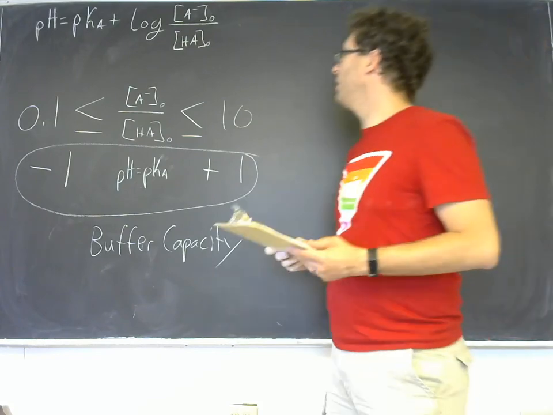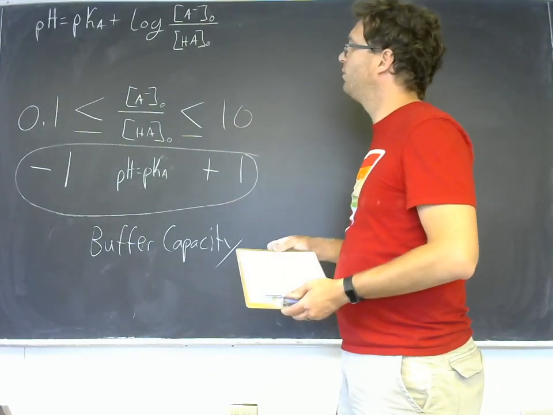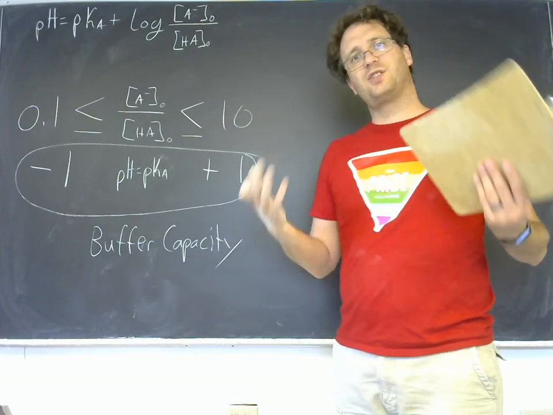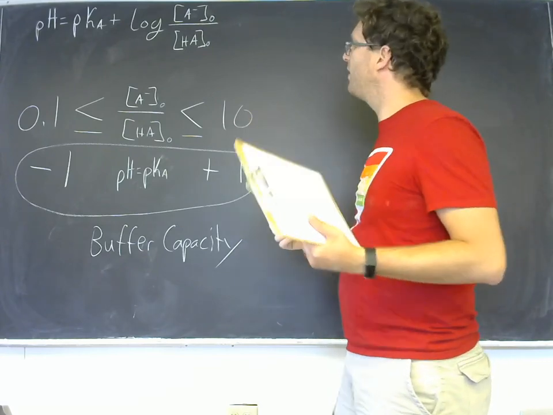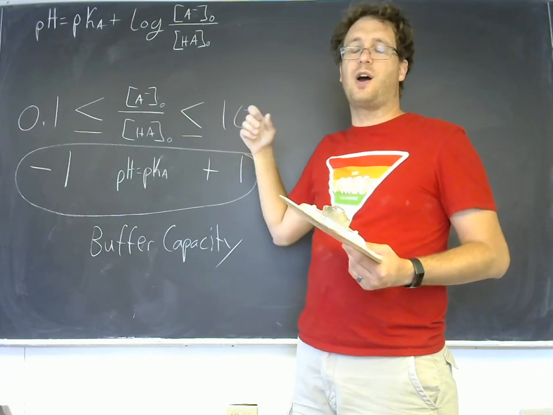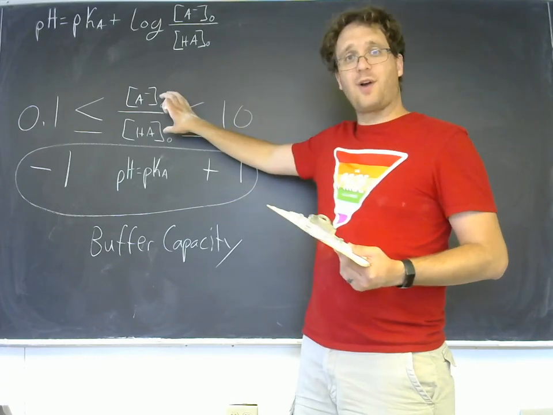So what that means is that if you want a buffer to withstand changes in pH, then it's not enough just to have some conjugate acid and conjugate base present. And it's not even enough to have them in the right ratio.